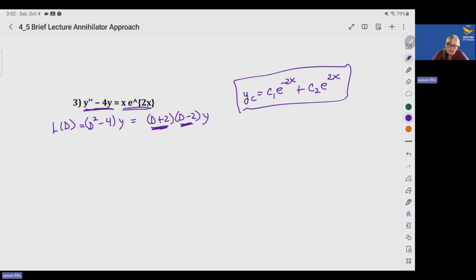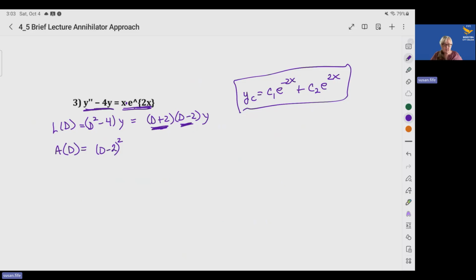Now on the right side, I have x e to the 2x. So my annihilator function for just e to the 2x is going to be D minus 2. And because I have that x in front, that's going to be a square. D minus 2 squared is my annihilator function.